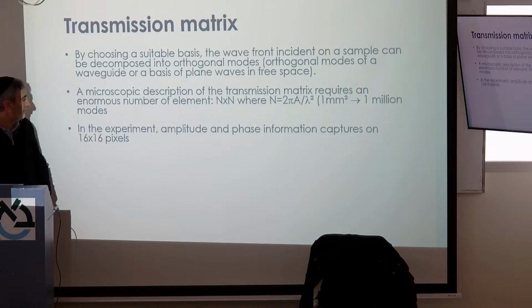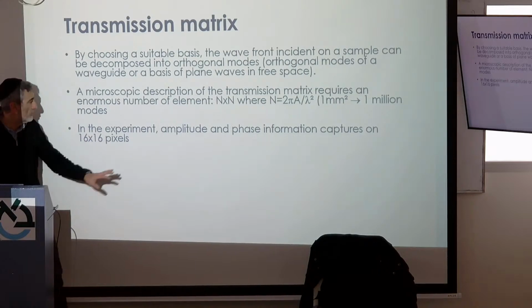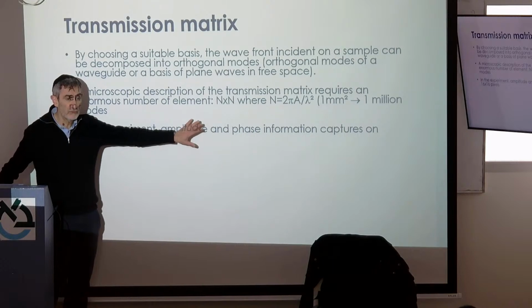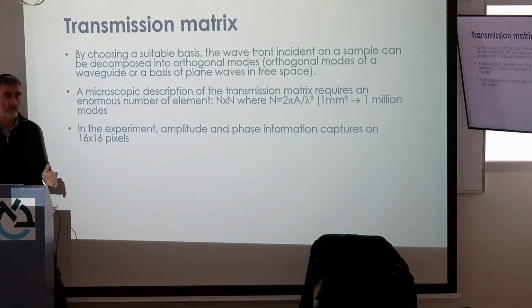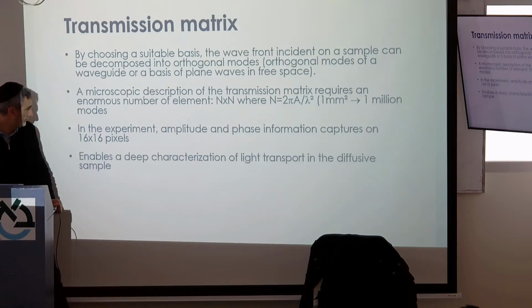Quite small. But they measure amplitude and phase. In optics, if you want to get phase, you need a reference. You need to do some interference process to get both the amplitude and phase. So we'll see how they did that.